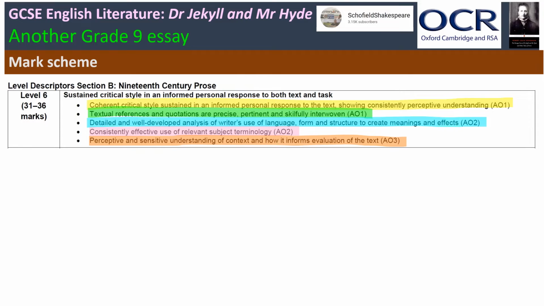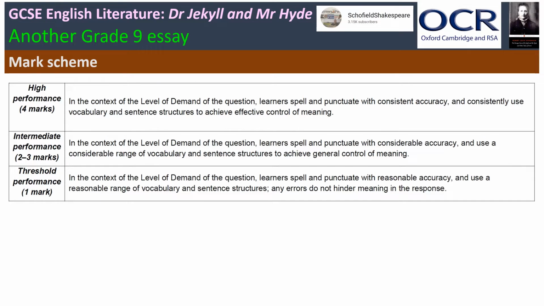And you weave in points about the context, which might be references to Victorian London, Victorian values, concerns about evolution, concerns about the decreasing role and relevance of Christianity, Darwinism or Freud. Plus 4 marks are available for the accuracy of your writing.